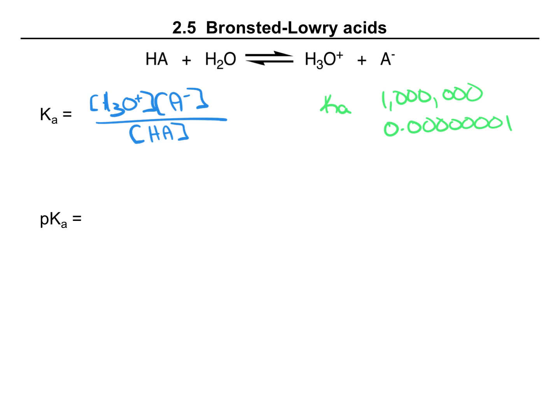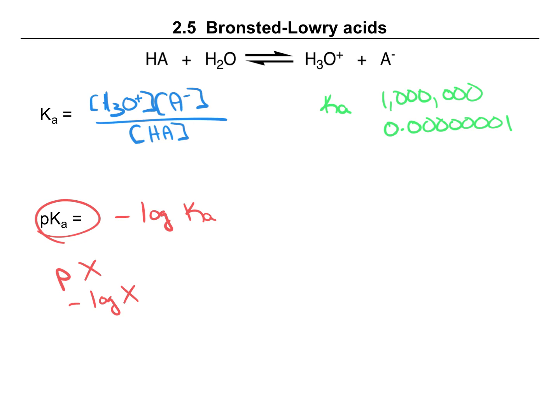So rather than sticking with Ka, chemists instead use the pKa. The pKa is the negative of the log of the Ka. In general, the p of whatever is the negative of the log of whatever. So the negative of the log of the Ka has less meaning.